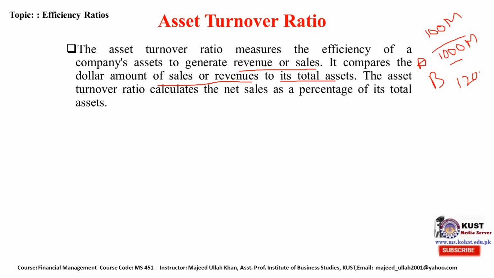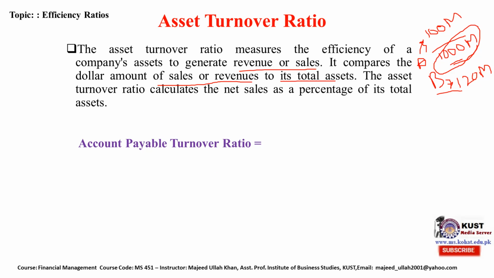So B is better than A because, employing the same amount of assets and holding the same investment in total assets, B company generates higher sales while A company generates a bit lower sales than B. So B is in a better position.